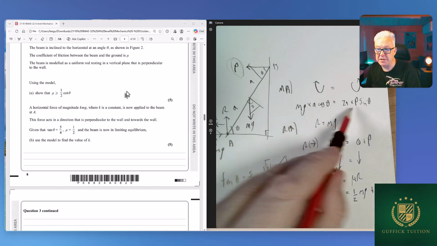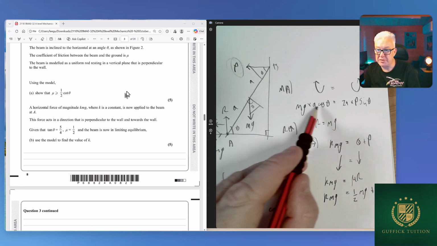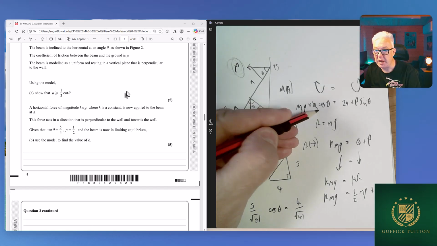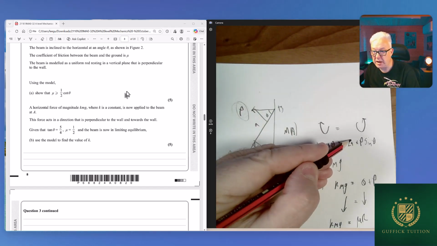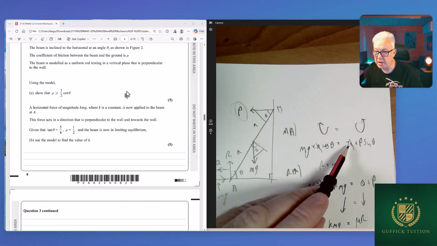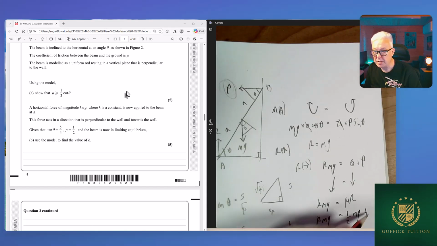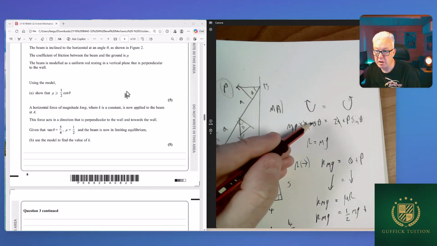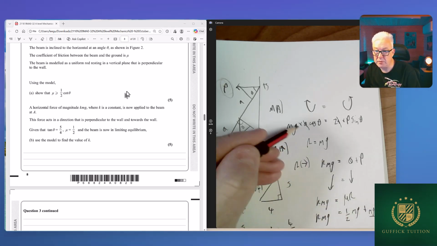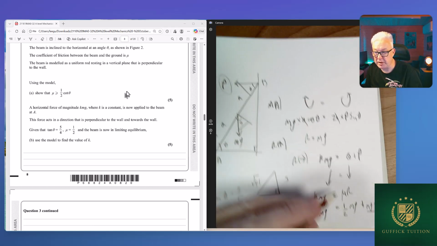Now what about P? Let's do the same as we did before. Let's rearrange this to make P the subject of the equation. That A can cancel. Can anything else cancel here? I don't think so. So we can now just divide everything by 2 sine theta, so we're going to have mg cos theta divided by 2 sine theta.